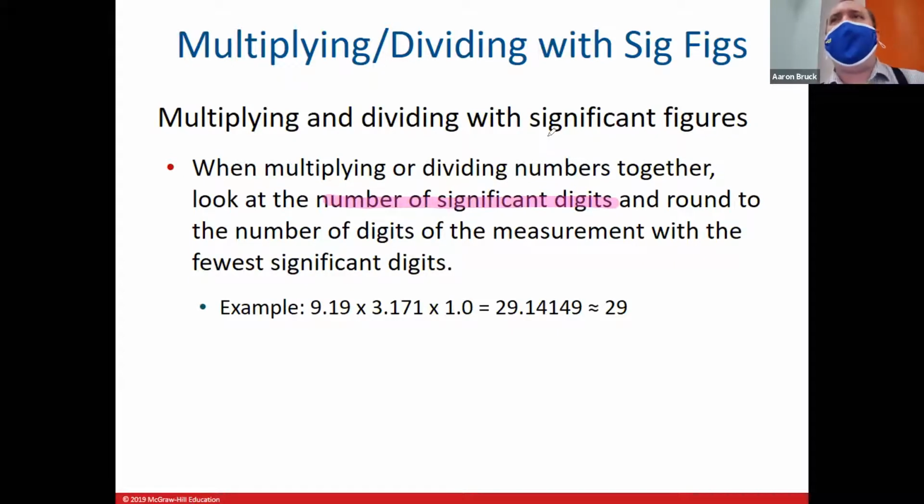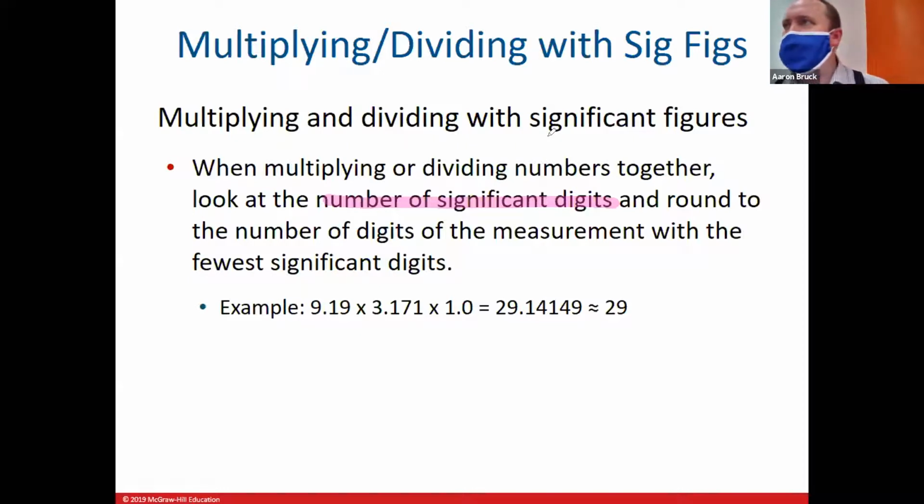If I'm finding the density of an object, I might know the mass to 4 significant figures, but the volume to only 2. Because my mass measurement on a balance gives me 4 significant figures, 20.45 grams, but my volume is measured in a graduated cylinder that's only capable of giving me 2 significant figures.